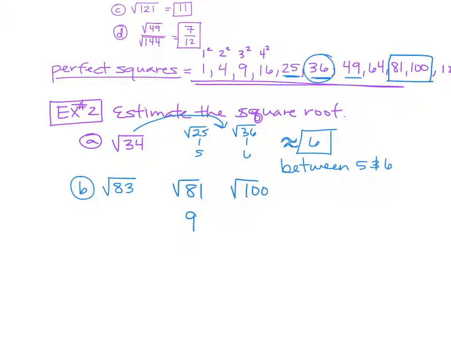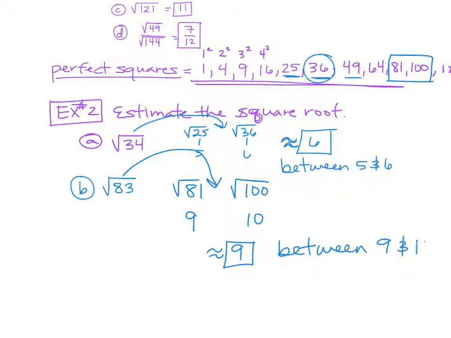The square root of 100 is 10. So we're somewhere between 9 and 10. Which one are we closer to? The 9, right? 83 is closer to 81 than it is to 100. So we would say this is approximately 9, or it's going to be somewhere between 9 and 10. Okay, but closer to the 9.